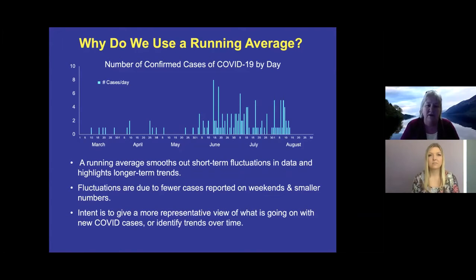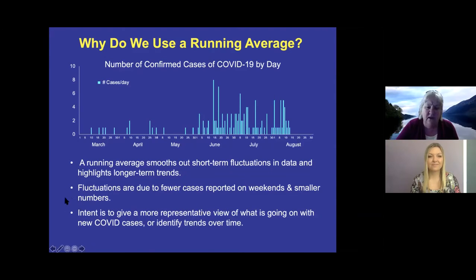It's because the positive tests have to be reported, and then they have to be entered onto a database. So people tend not to get tested, or maybe they're tested, but the results aren't getting reported on a Sunday because a lot of people aren't working, say in the clinics, and some of the health clinics might be closed. So we have these fluctuations. We also have small numbers.